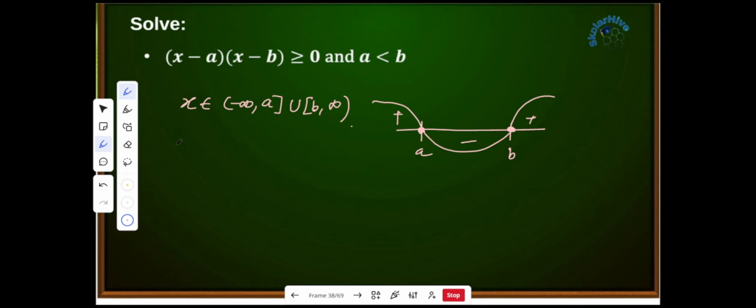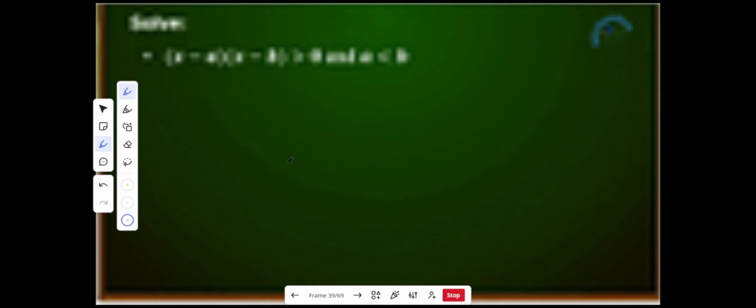Or in another way, you can write it as x less than or equal to a and greater than minus infinity, or x greater than or equal to b but less than infinity. If we have only the greater than symbol, then instead of the closed interval we just need to use the open interval.